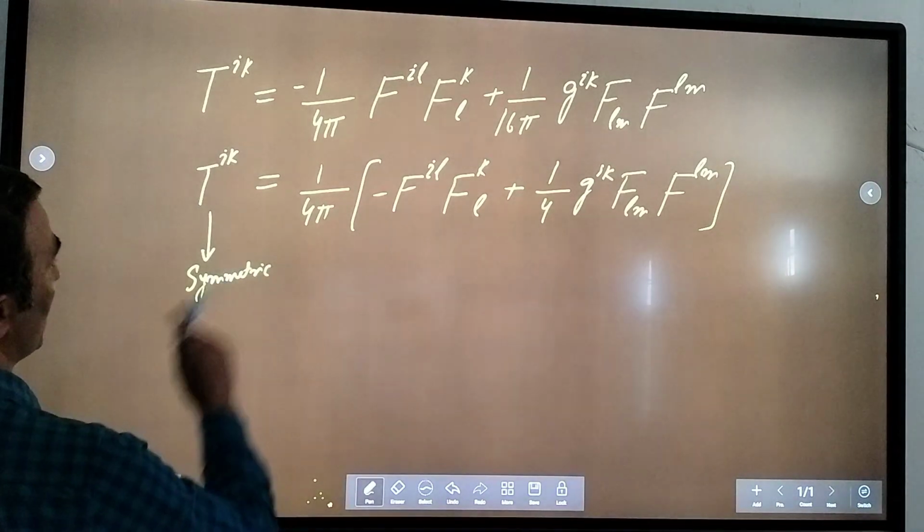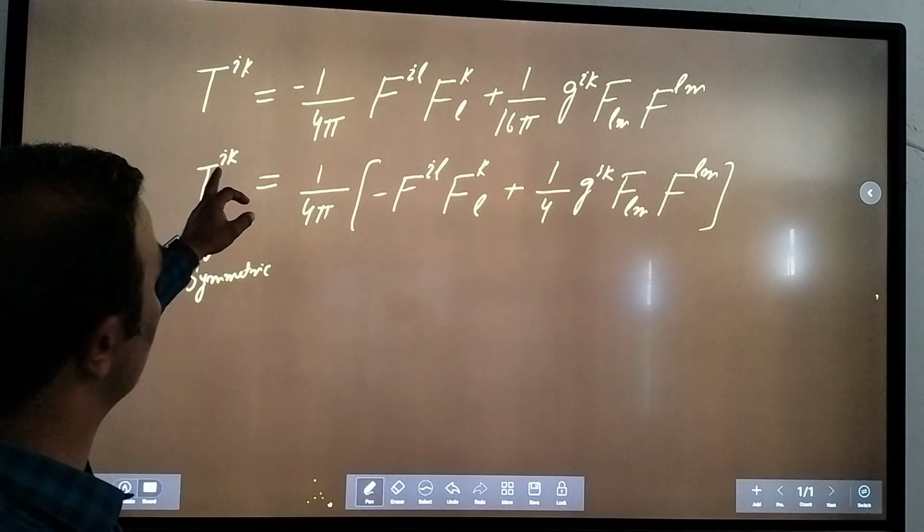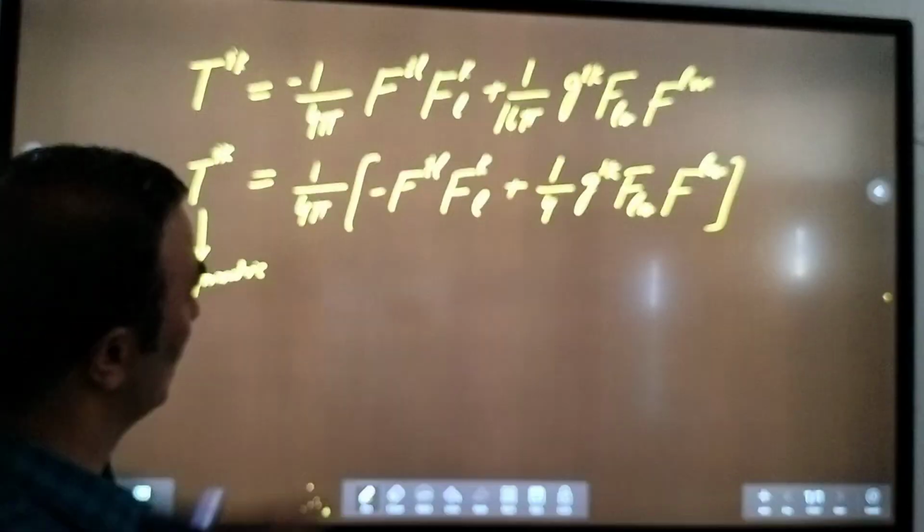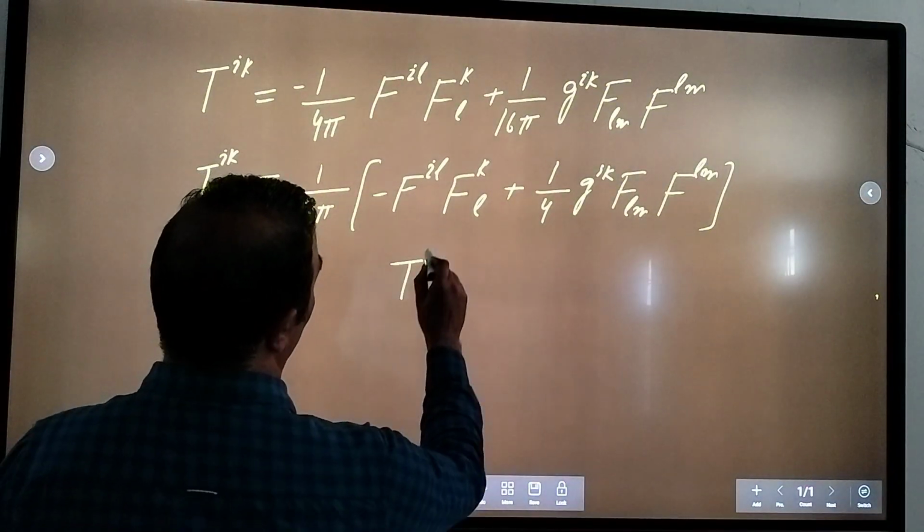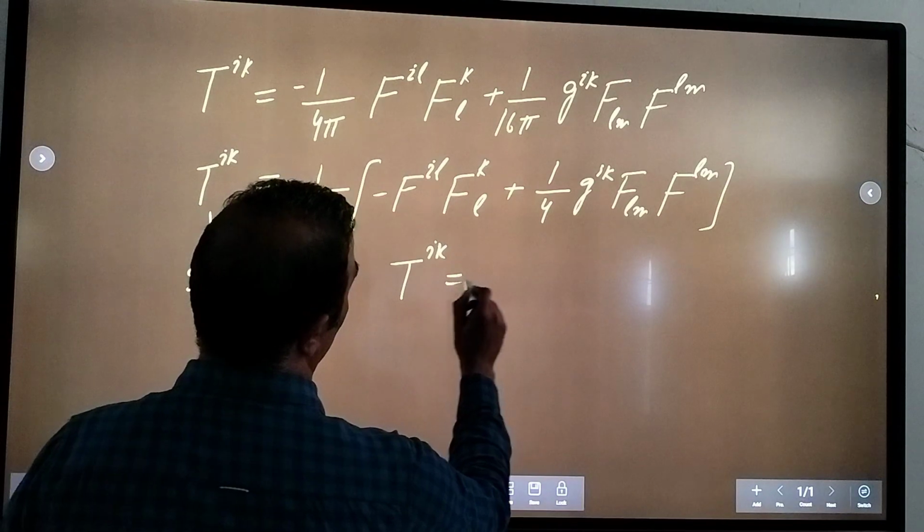So if I change the indices, if I change this i with k, this becomes symmetrical. So that means I can prove that T of i k is equal to T of k i.